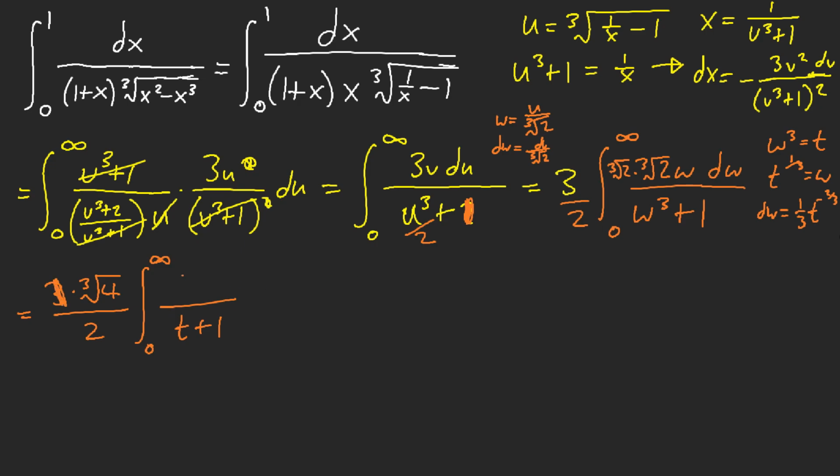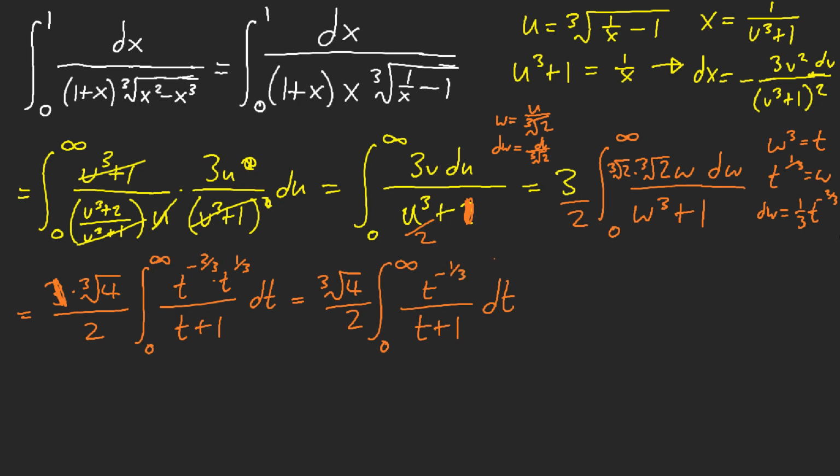And then t to the negative 2/3, times, don't forget that w, right? We have t to the 1/3 dt. And now we can make this into a beta function. So now what we have is t plus 1 dt, and this t overall gives us negative 1/3. Okay, awesome. So this means we can now use the beta function, right?